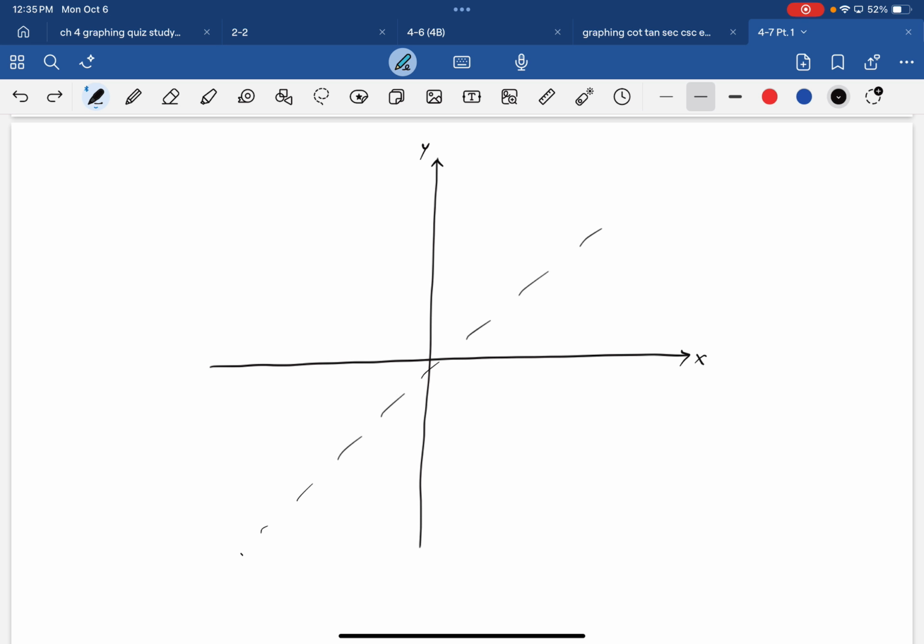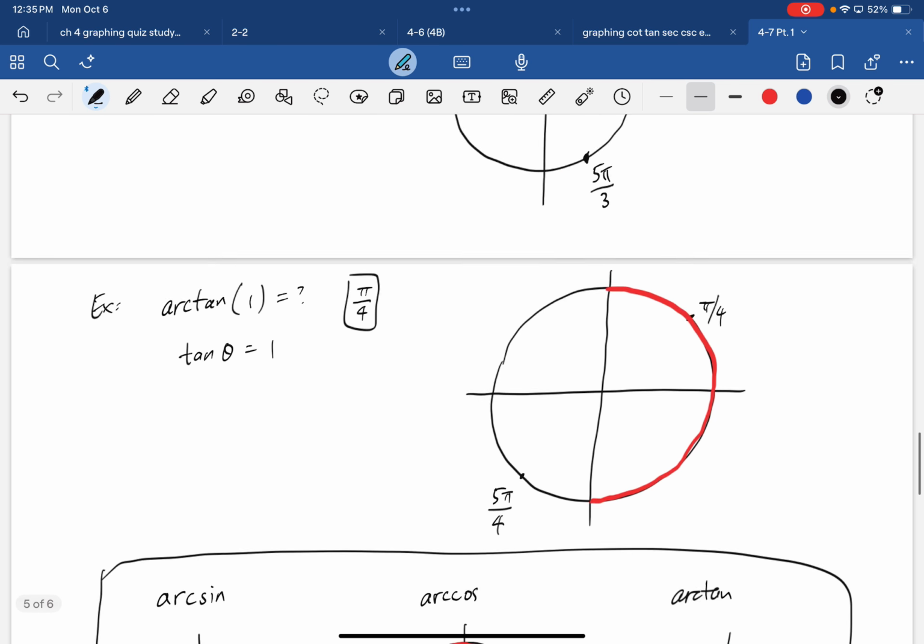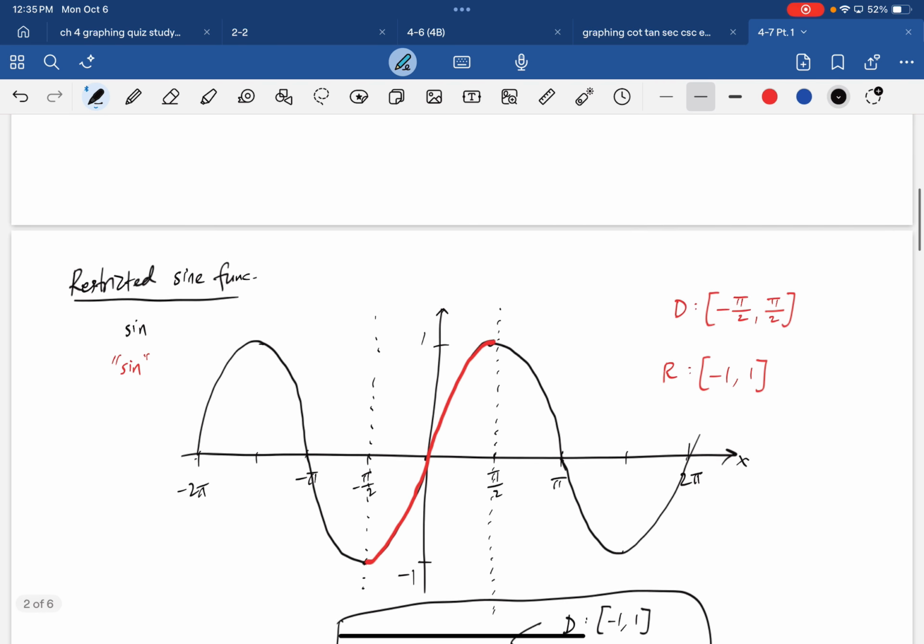And so that's exactly what we're going to do. It's basically just a flip. And so the arcsine function will look like this. It's going to be a reflection of our restricted sine function across that line y equals x.